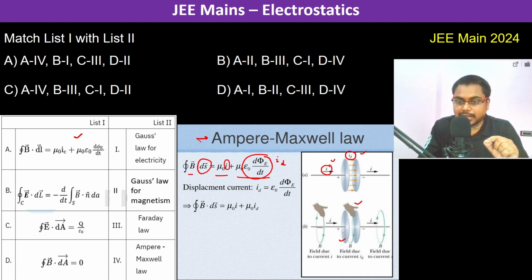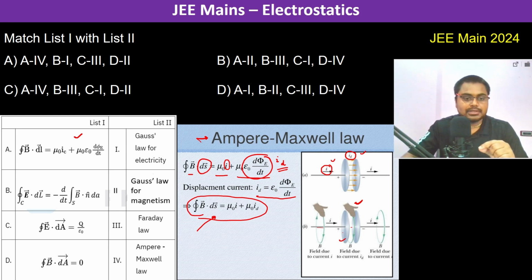So here also some magnetic field is there, but here there is no current. So how do we define current here? Here current is known as displacement current, and the value of it is epsilon naught d phi E by dt. So this is going to be the entire formula. This is the Ampere Maxwell law.